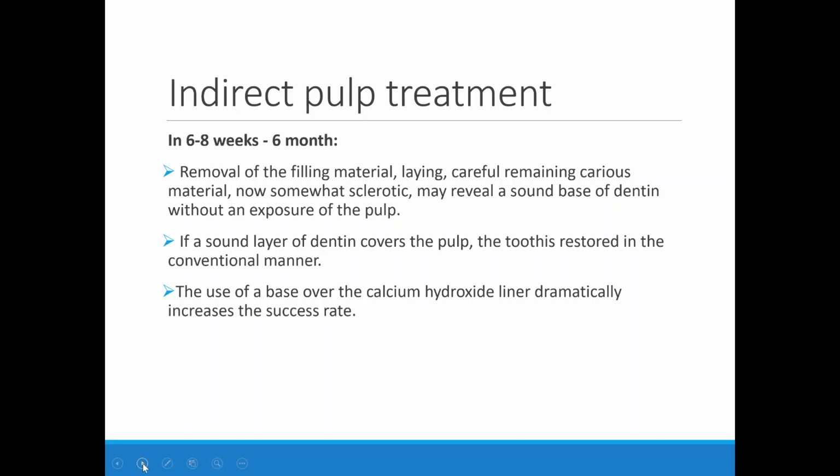If a sound layer of dentin covers the pulp, the tooth is restored in the conventional manner. The use of a base of calcium hydroxide liner dramatically increases the success rate.